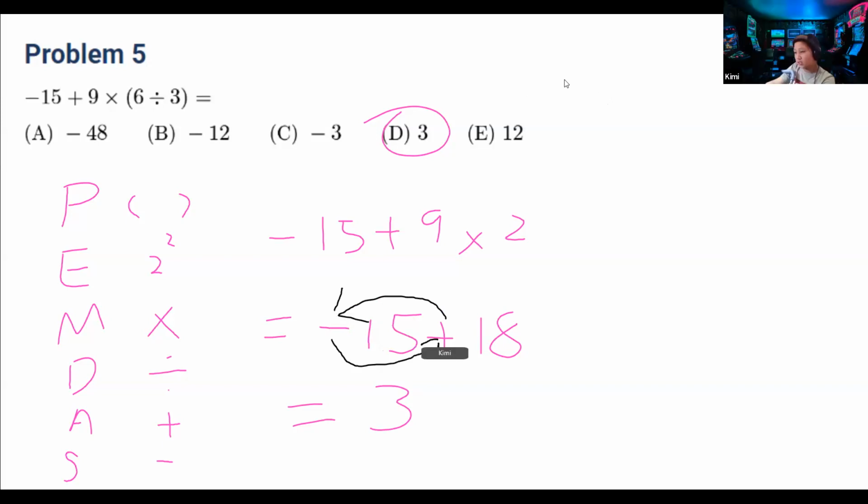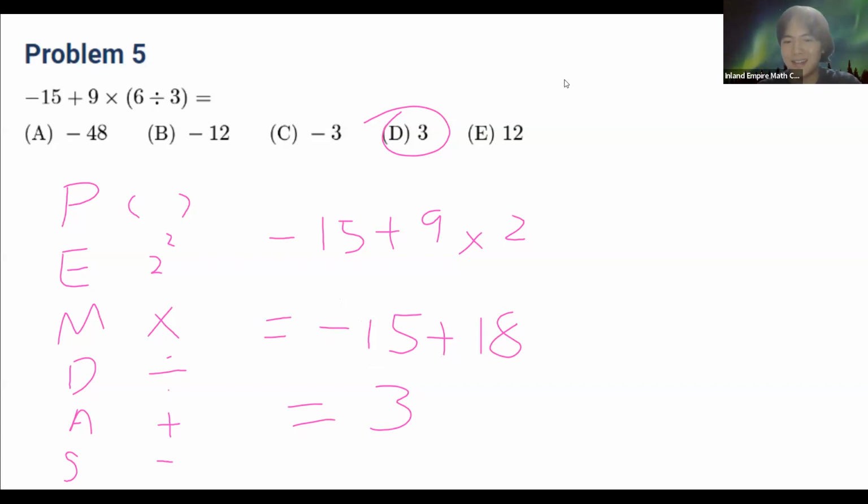Because fundamentally, the negative sign in front of the 15 is saying that you're taking away 15. So you can't just put a plus sign in front of it and now add 15. You can switch the plus 18 and minus 15 around. You can say 18 minus 15, and that's the same thing. But you can't inherently change what the operations are saying, right?